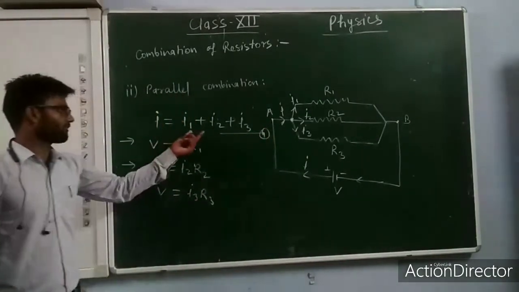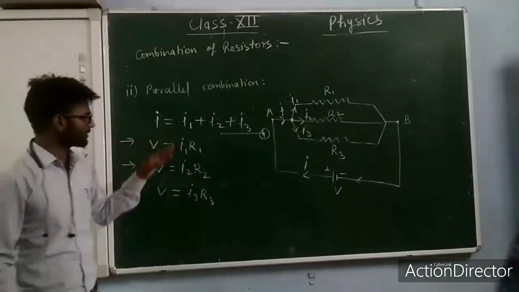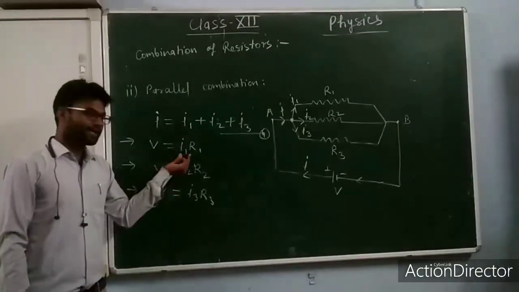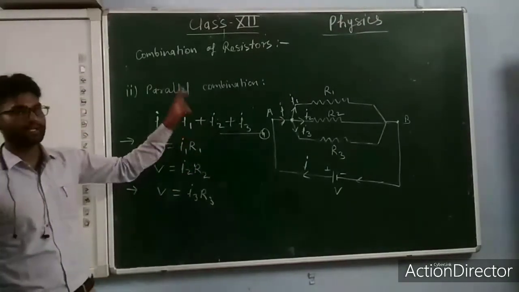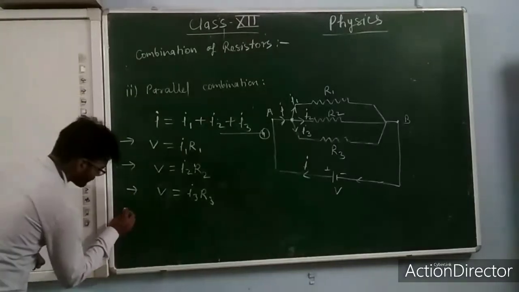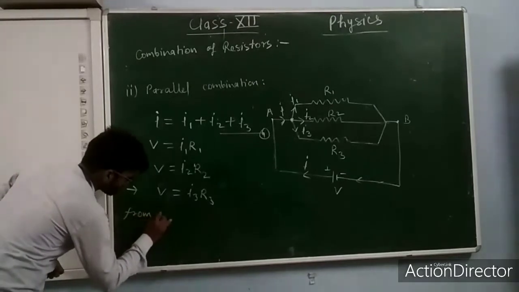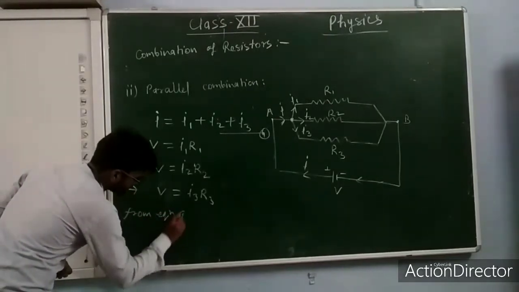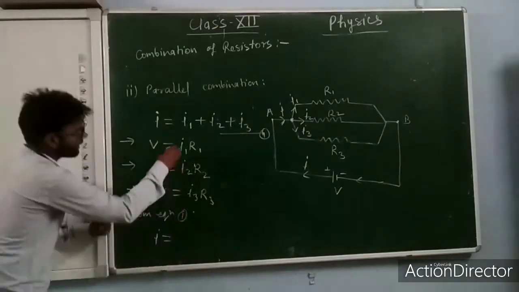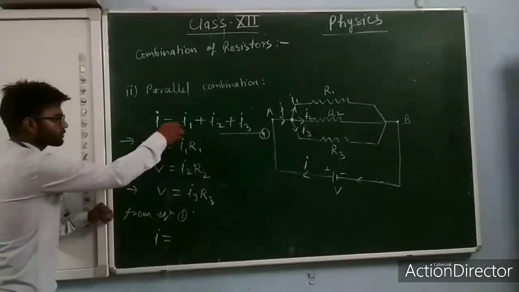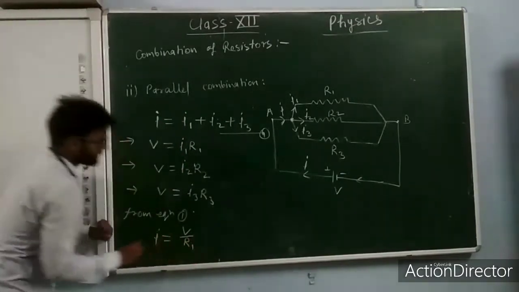So to put the values of I1, I2, I3, we can take the help of all these three equations, right? So we'll find out the values of I1, I2 and I3 from these three equations and apply in equation number 1. So from equation 1, I equal to I1 plus I2 plus I3, so I1 value is V divided by R1, right?